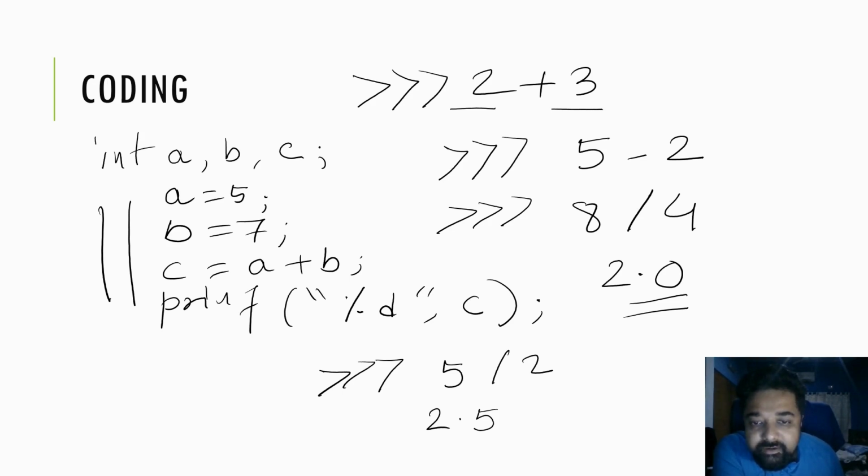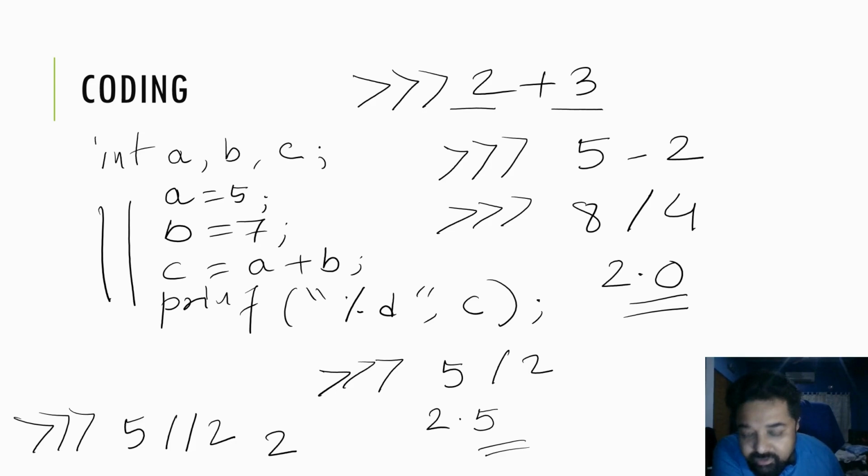That means a floating number. There is an option, 5 slash slash 2. It will give the output of 2. So this is called integer division. I am writing here.